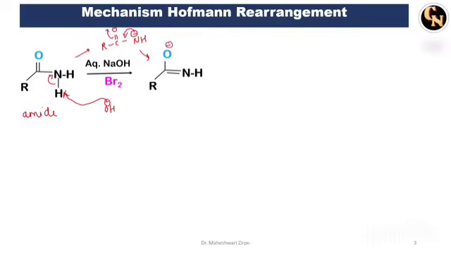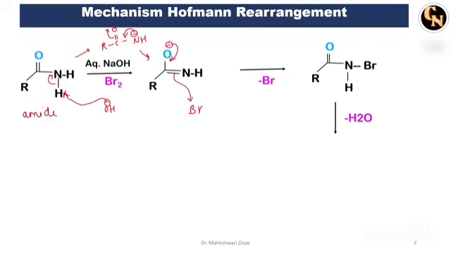After this, the next step is they are going to react with bromine. The negative charge of oxygen will come back to its original place, and the nitrogen is going to grab a bromine from the bromine molecule, and this way one of the bromide ions, Br minus, gets eliminated.